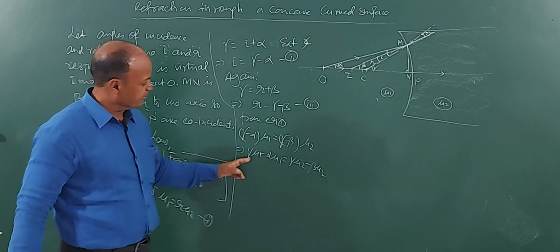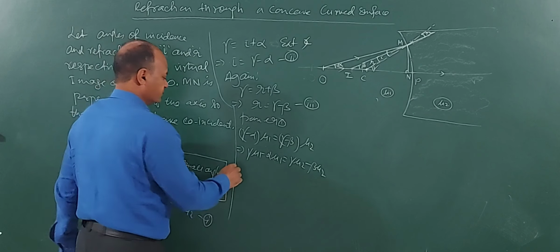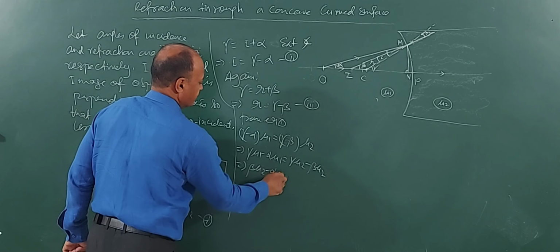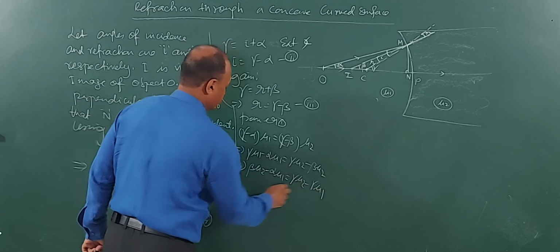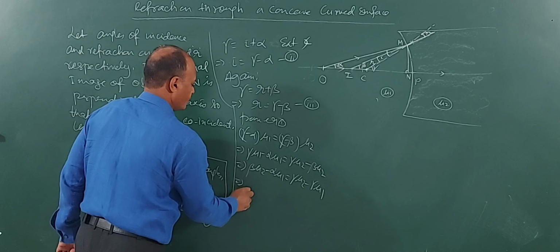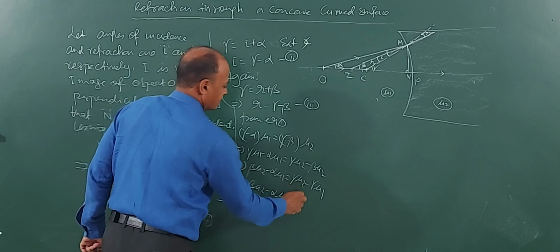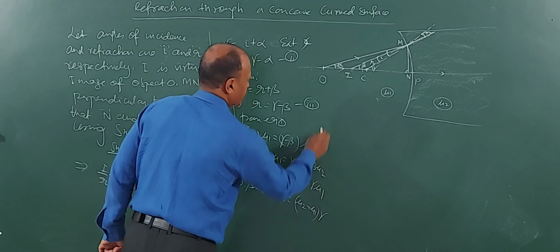I will take this gamma term on the right and I will bring this beta term on the left. So what do we get? Beta mu 2 minus alpha mu 1 is equal to gamma mu 2 minus gamma mu 1, or beta mu 2 minus alpha mu 1 is equal to mu 2 minus mu 1 into gamma.